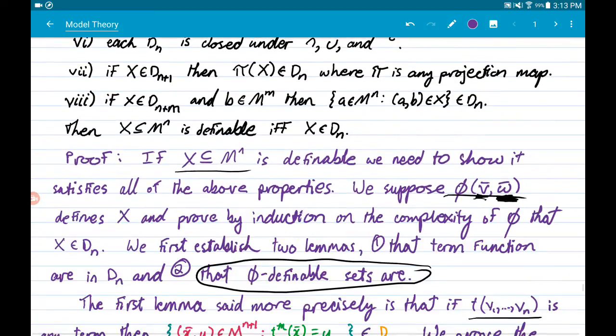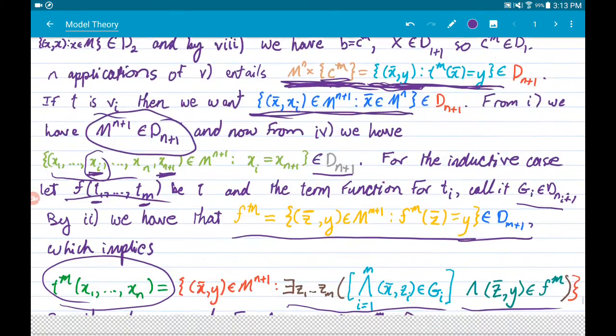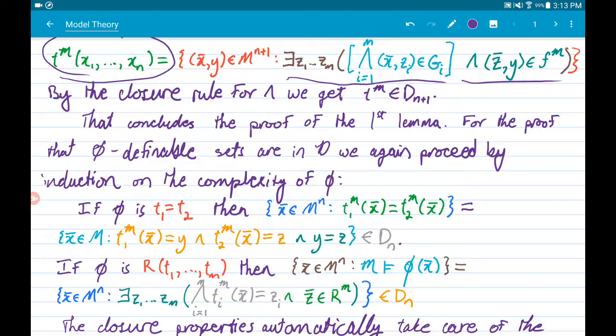If I'm basically just conjoining a bunch of constraints, this is like taking intersections of things for which we already know the graphs exist, and so by the closure rules for intersection, whenever I express things in terms of conjunctions, this will be in the appropriate set D. So at this point, just using the fact that these were conjunctions and the closure rules, we get that the graph of the function is actually not in D_{n+1}, but in some X that is in D_{n+1}.